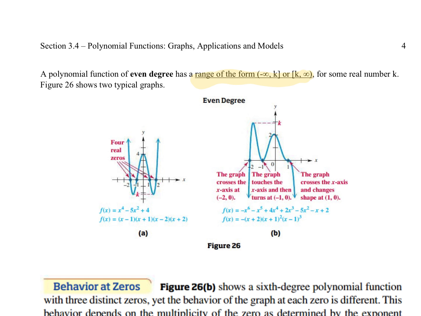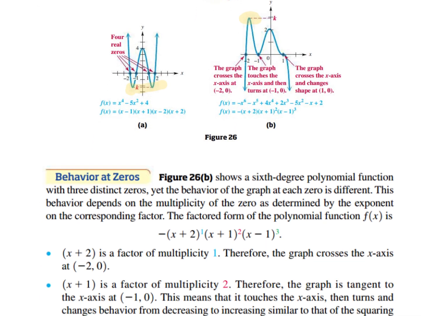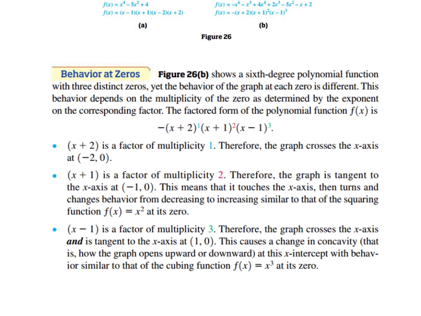Okay, and so sometimes it's based on a vertex, sometimes it is more complicated than that, but we can always find some kind of minimum or maximum value. As you can see in Figure 26, these have either a maximum value or some kind of minimum value to them. Okay. Now, what do we mean by having different zeros?